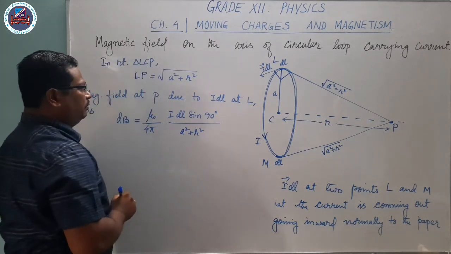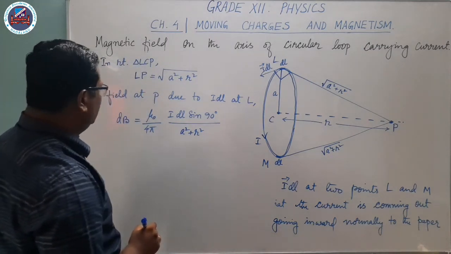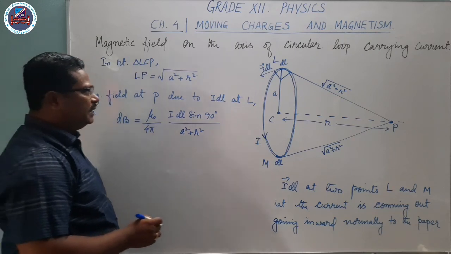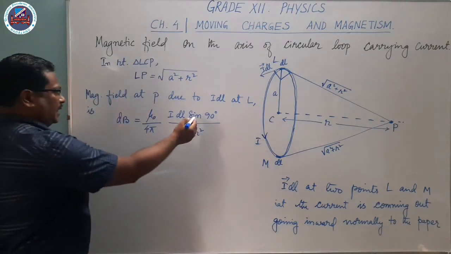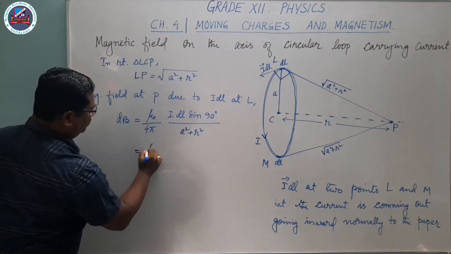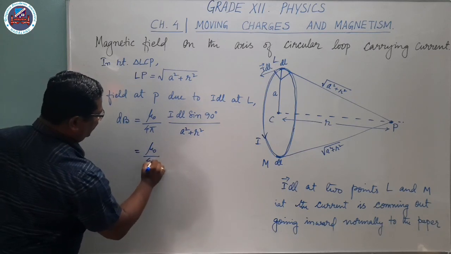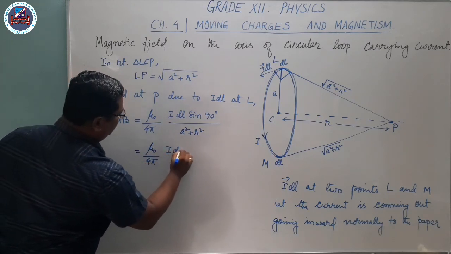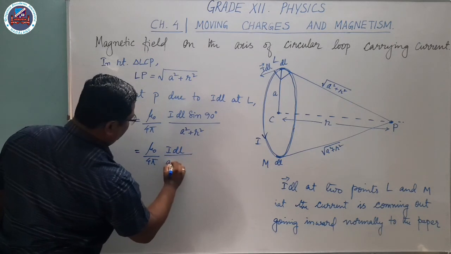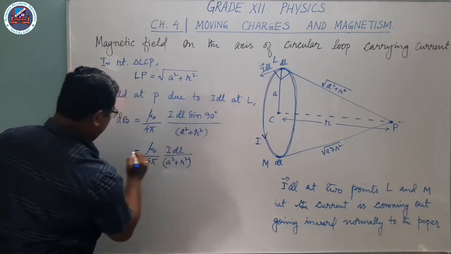In this case sin theta is equal to 1. So dB equals mu naught divided by 4 pi, Idl divided by (a square plus r square).